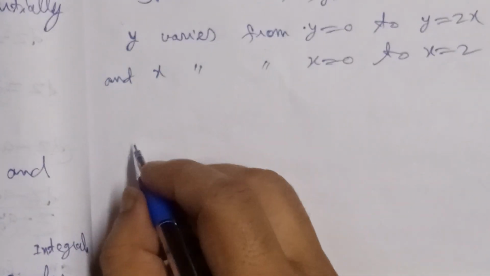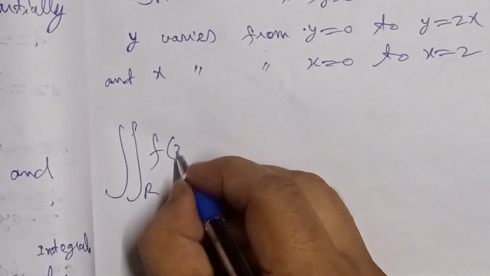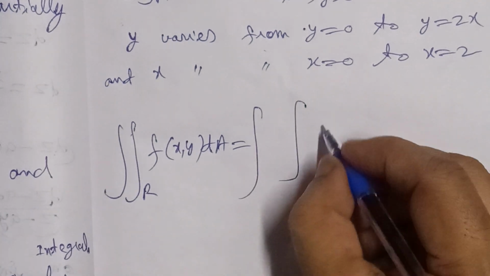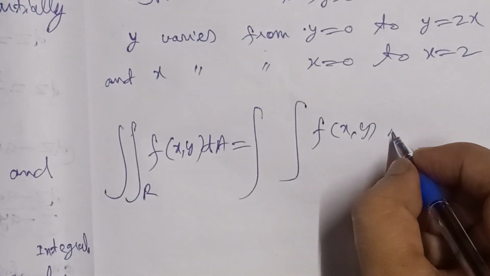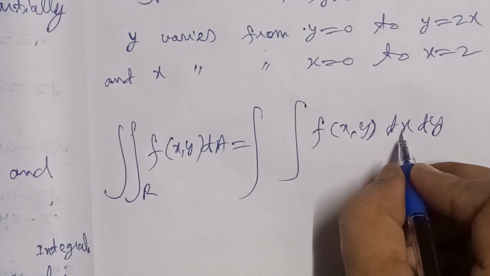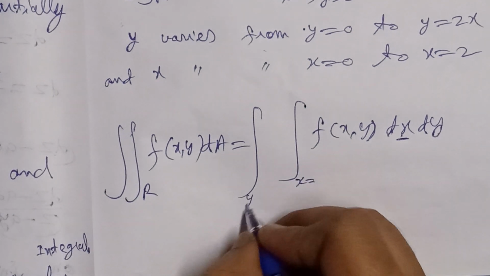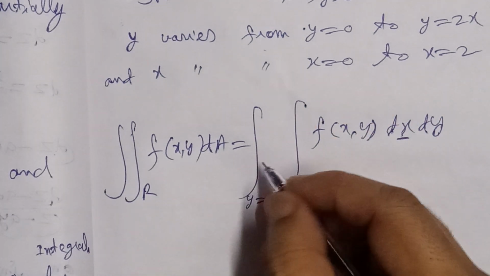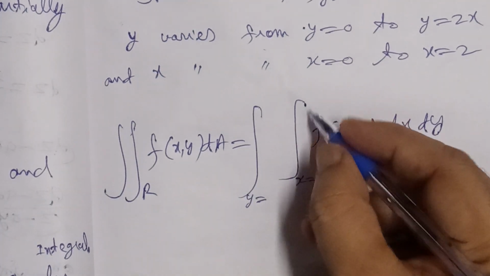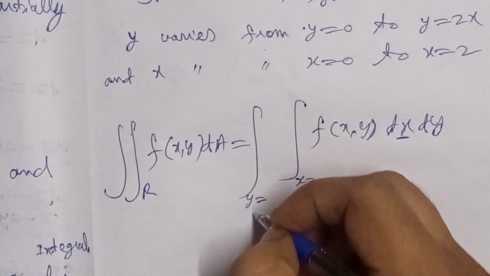You can also write it as the double integration over R of f(x, y) dA equal to the double integration of f(x, y) dx dy. Here this is the limit of x and this is the limit of y. This outer limit must be constant, and the inner may be constant or variable.